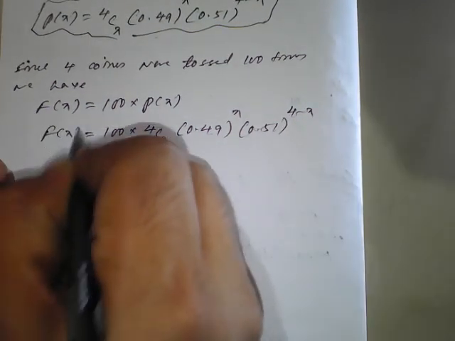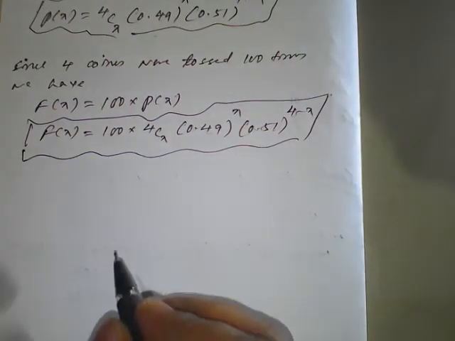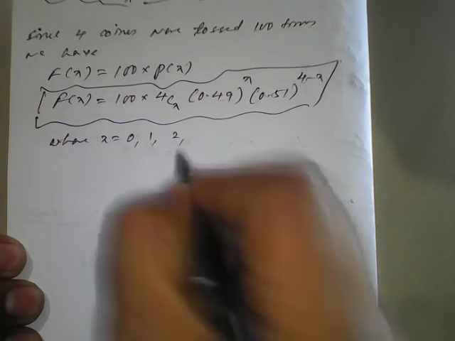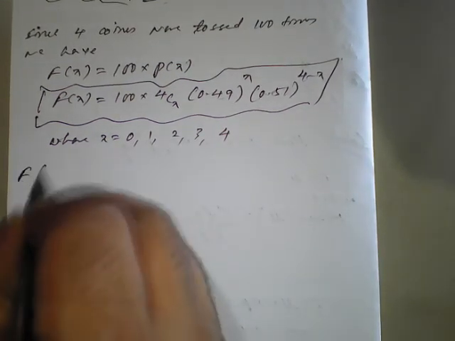This is our capital F of x, the theoretical frequency we are finding, where x will take the values 0, 1, 2, 3 and 4.